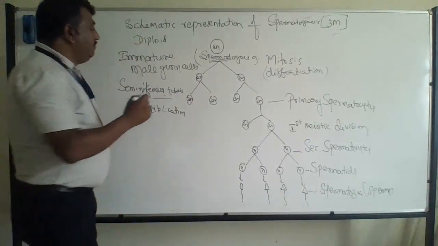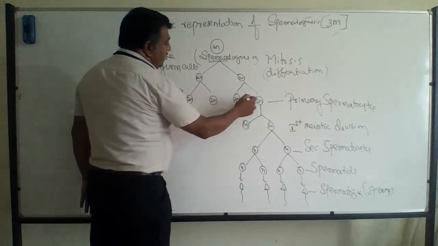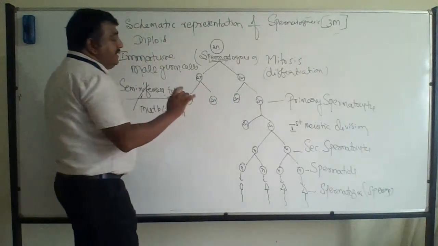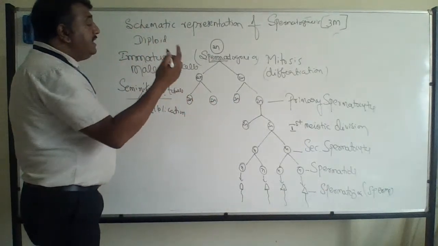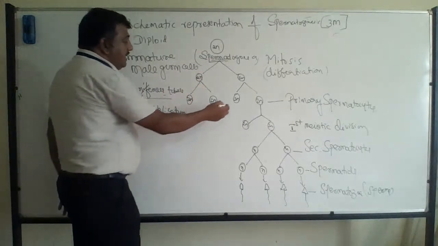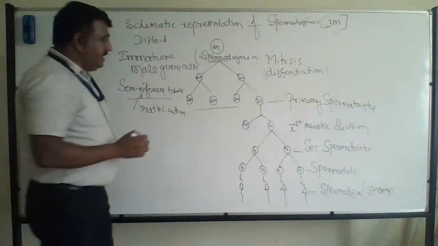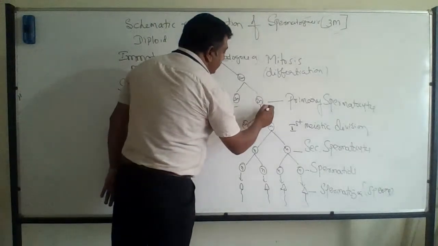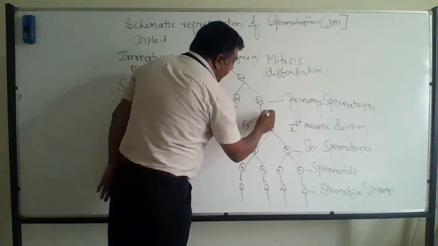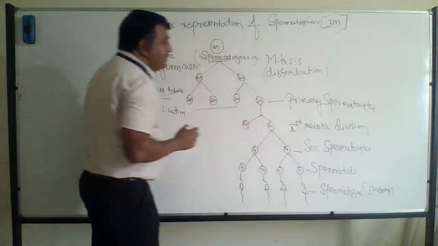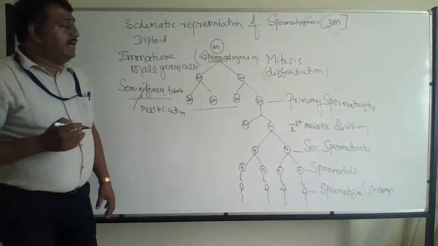Among the cells formed from the spermatogonia, the remaining may undergo further mitotic division, but one spermatogonia undergoes meiotic division.